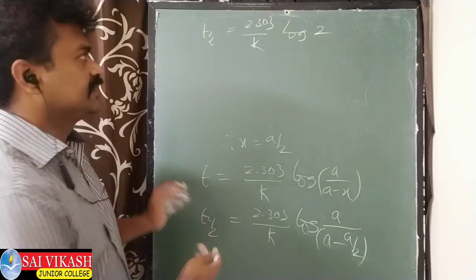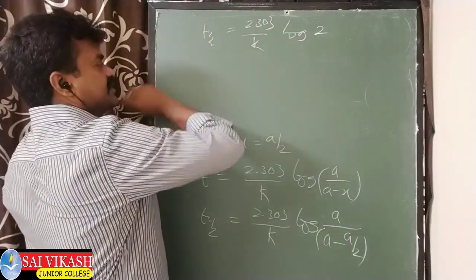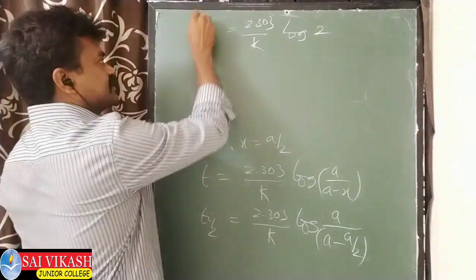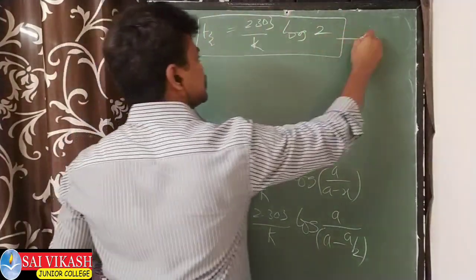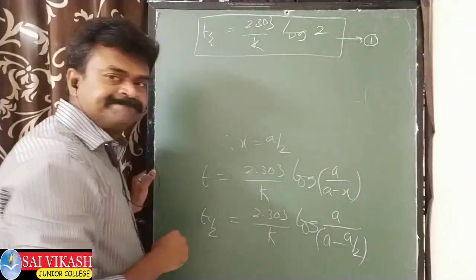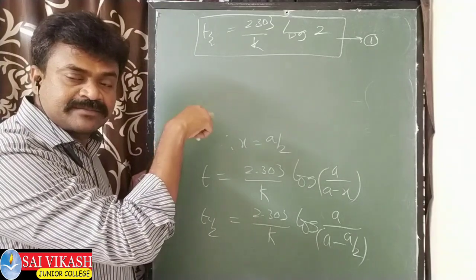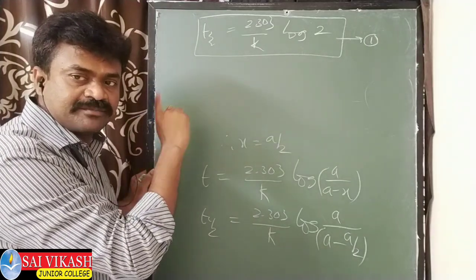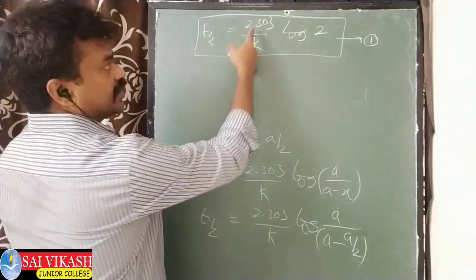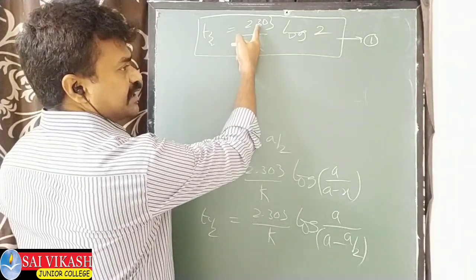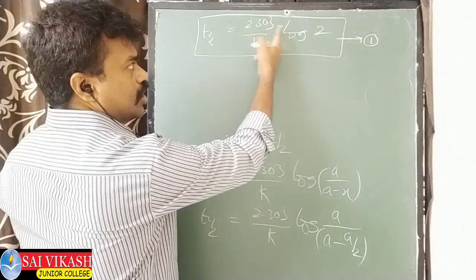So from this, I am taking this as equation number 1. We are deriving several formulas from this which are important for the objective. Remove this 2.303, and log becomes ln.